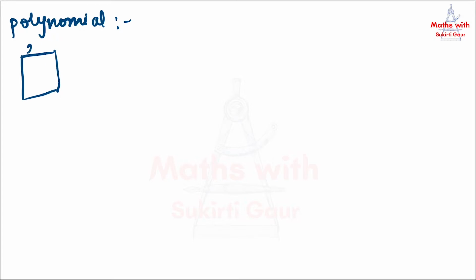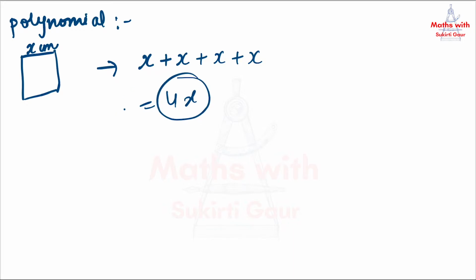Now that we have revised what constants and variables are, we are going to start with what is a polynomial. So if we have a square of side x centimeter, then what would be its perimeter? The perimeter of the square will be 4 times x, 4x. Yes or no?